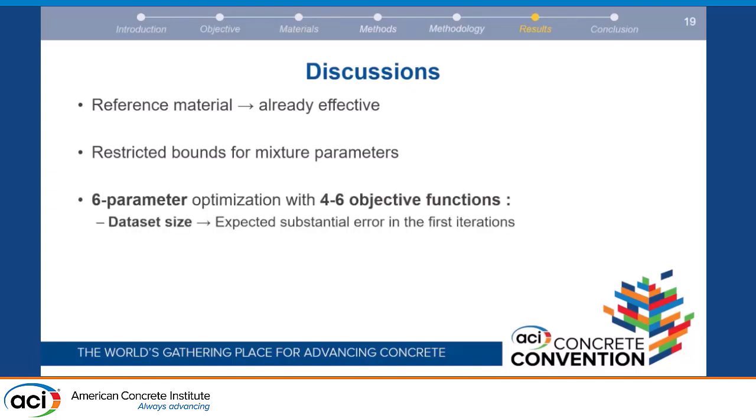But overall, we can see that for a 6-parameter optimization with 4 to 6 objective functions, we expected substantial errors in the first iterations, but we can see that in as low as 6 iterations, the predictions get better.